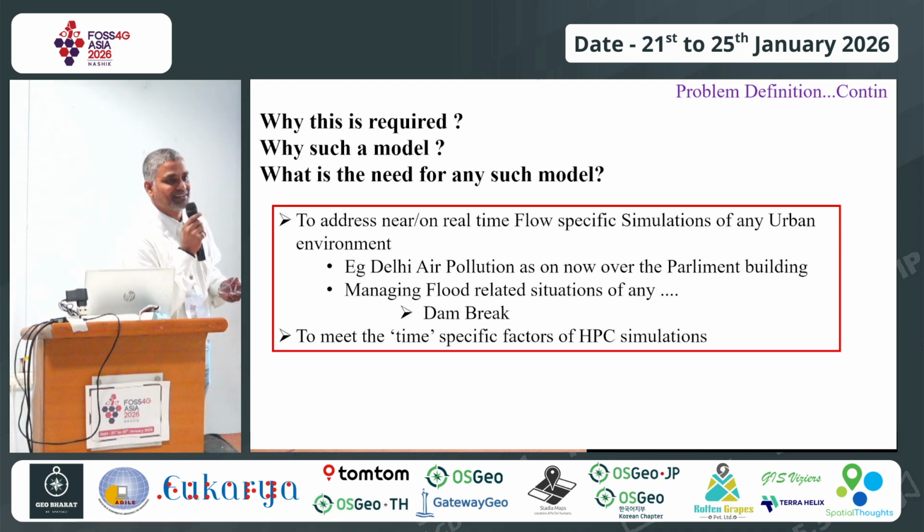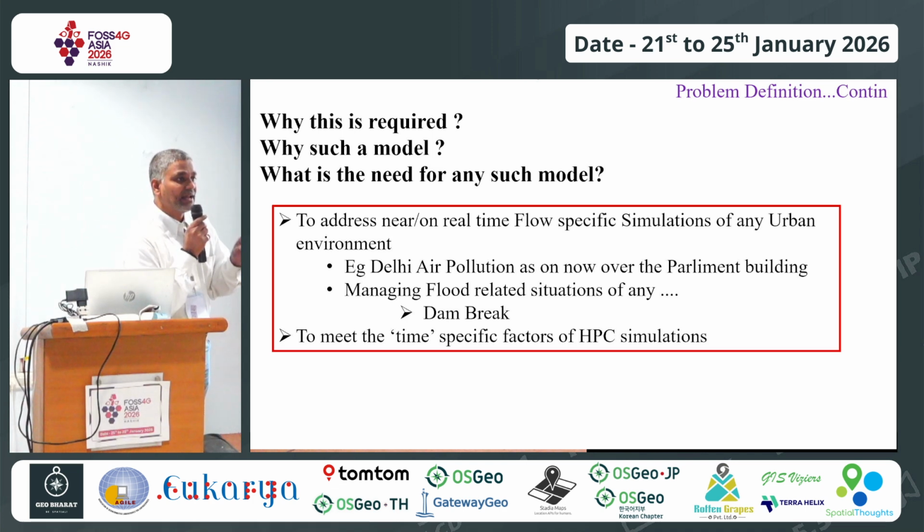What input is required? The shapefile of the Parliament layout, that means the area, and the STL file of the Parliament, that means each building, are the main primary inputs to compute the pollution dispersion over the particular area.